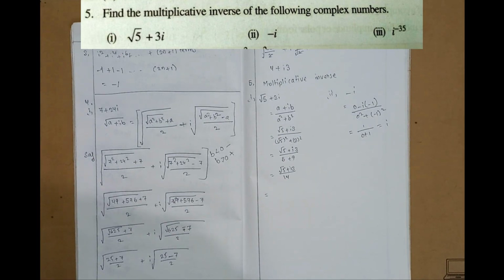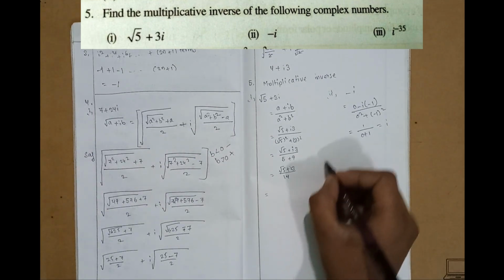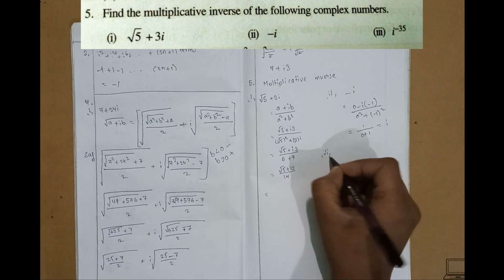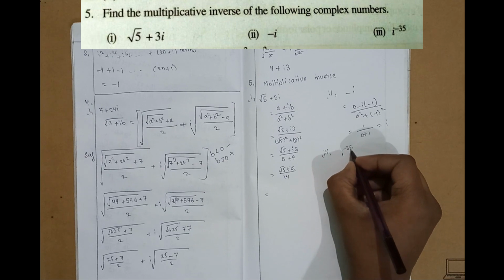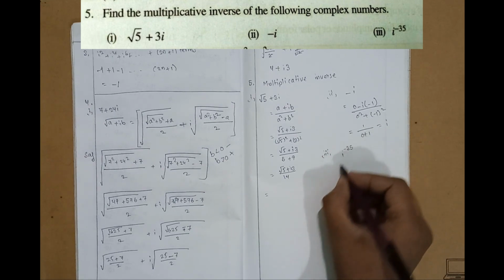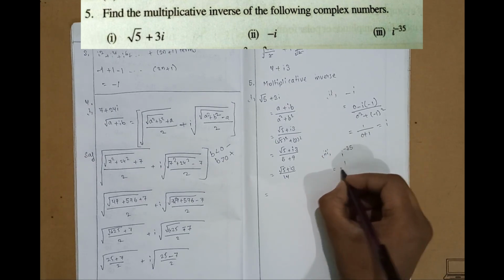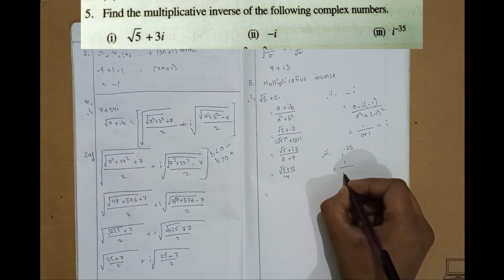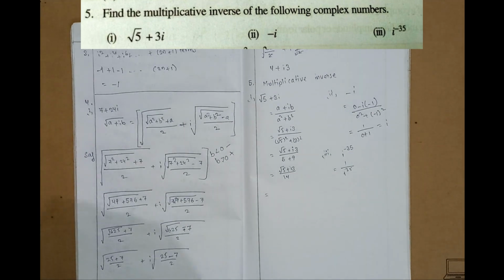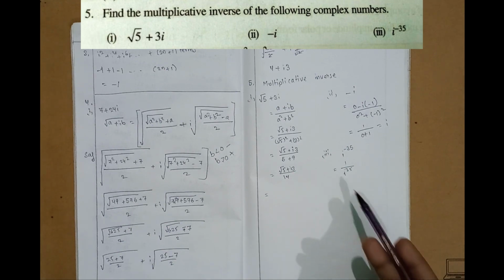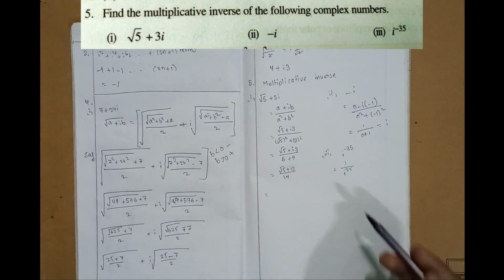And the last one is i to the power of minus 35. Third one, i to the power of minus 35. We will convert this into positive power, so fraction of i to the power of 35. Here a equal to 0 because there is no number, and b equal to 1.